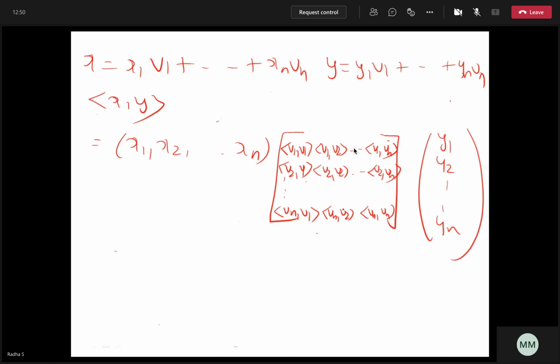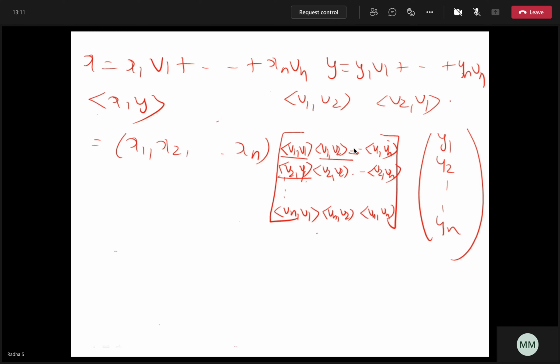The first row, first entry is v1 v1, then v1 v2. If you come here, it is v2 comma v1. So what can you say about v1 v2 and v2 v1? What can you say about these two entries? They are the same, right?